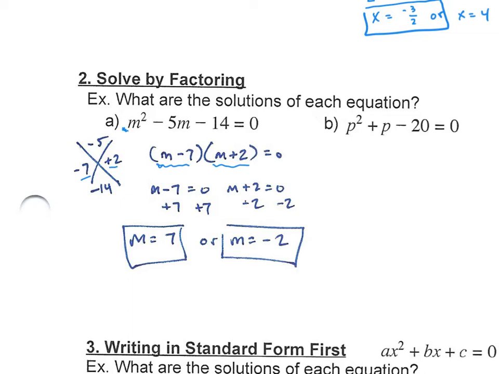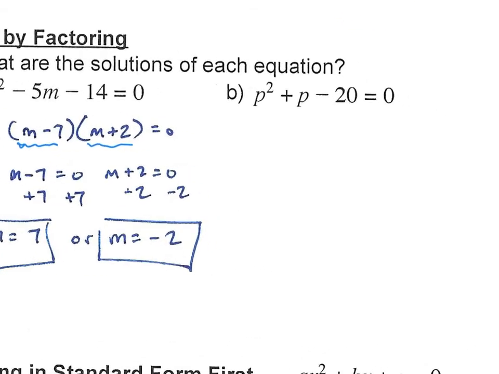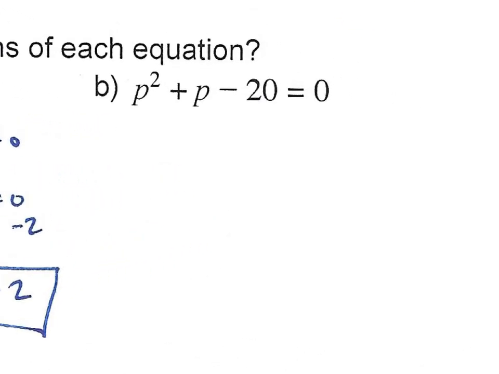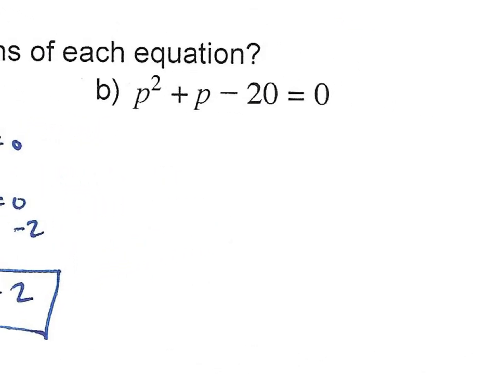Now, as we factor, again, factoring, you need practice with that. If it's not something you can do easily now, we need more practice. But so we go forward here, and I am looking for factors of negative 20 which, when I add them together, will give me a 1.